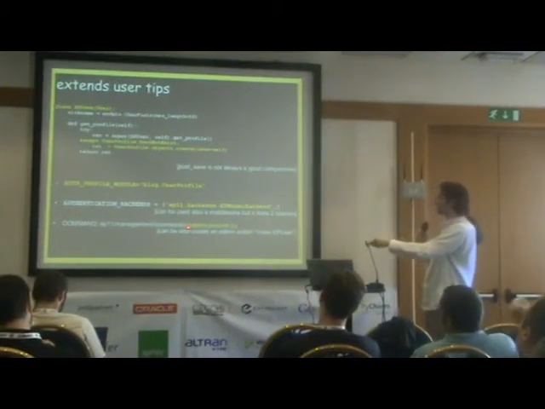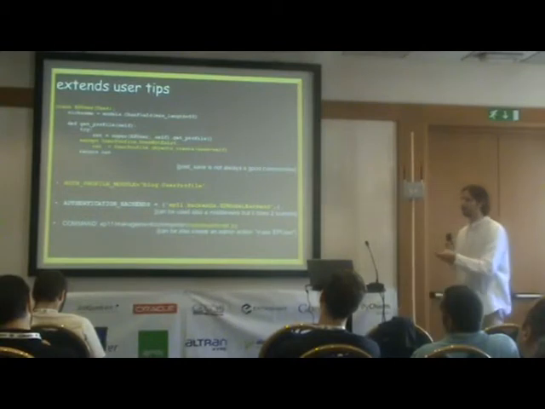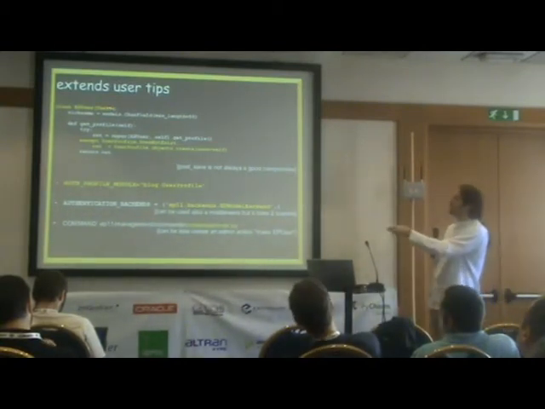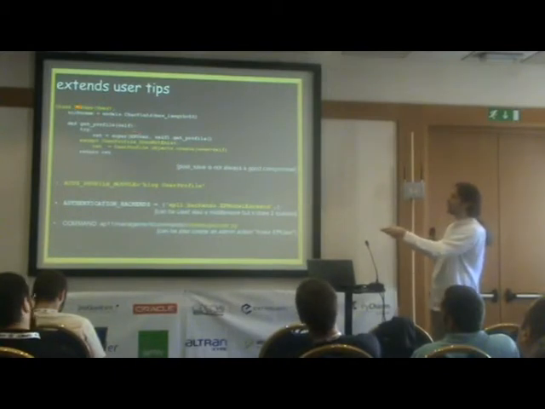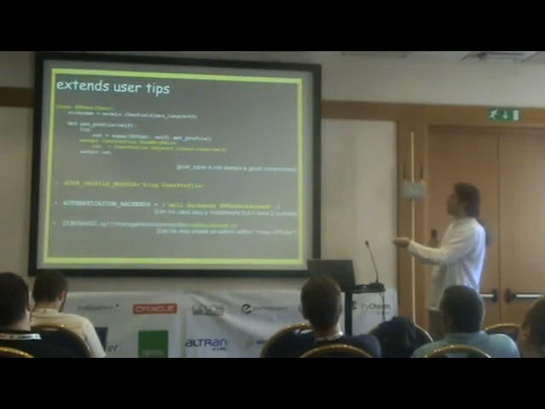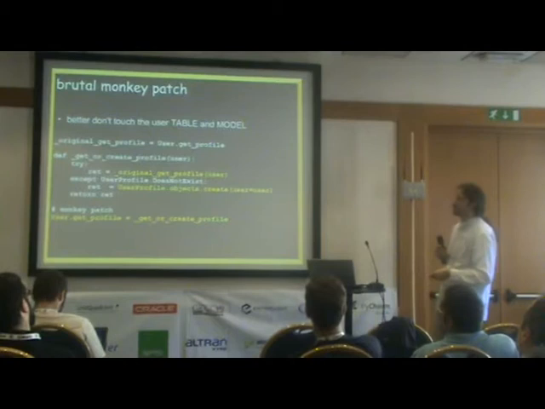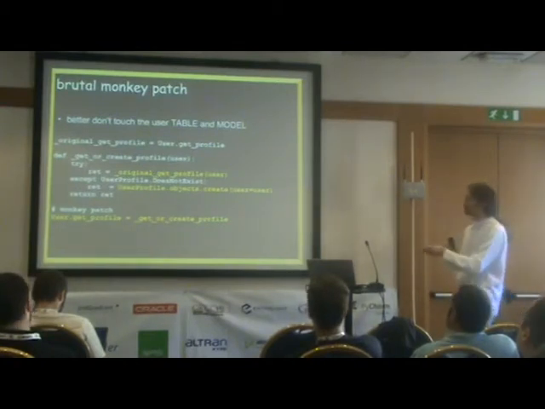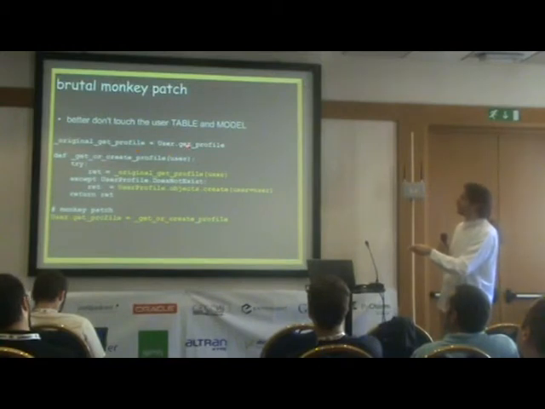Another tip is to override the createsuperuser command, because to be sure that all users are AP users, you have to create those this way too. It's a bit complex. So sometimes I see code that monkey patches the get_profile method.